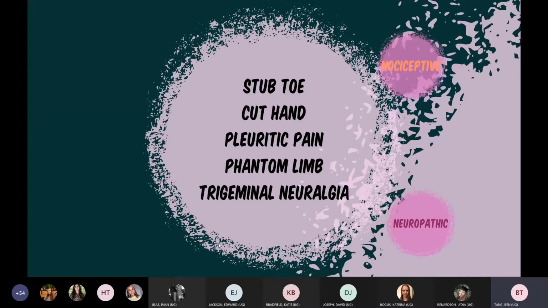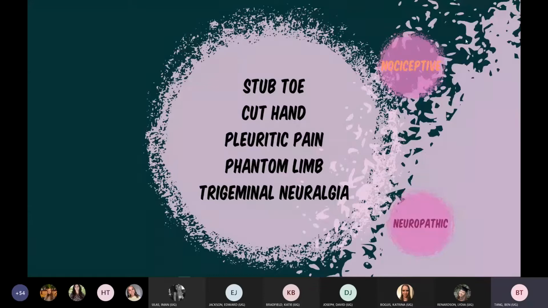And the tricky one would be pleuritic pain. So pleuritic pain is when you have pain when you breathe in. I'm sure a few of us, I definitely have had it at some point. Is that going to be nociceptive or neuropathic? Ooh, tricky one.